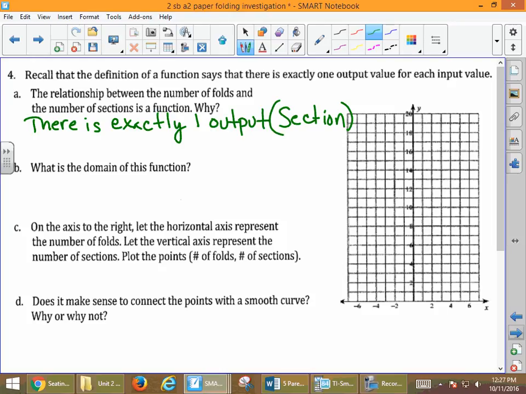There's exactly one output, the section, for our input, which are the folds. There's exactly one output. Each time we folded, we got a different value for the number of sections.